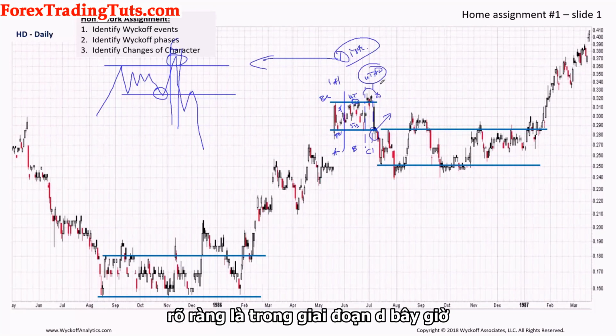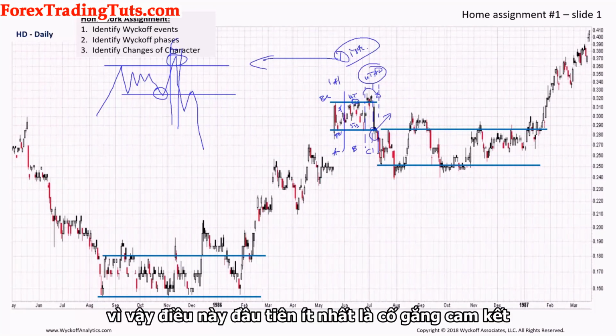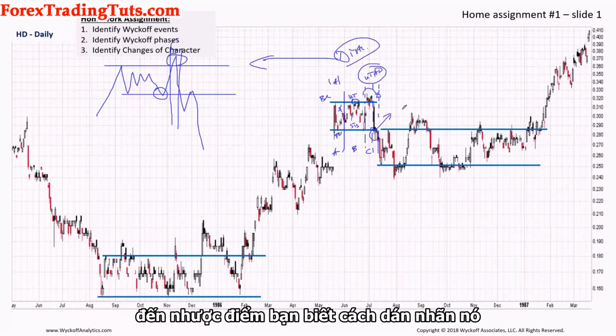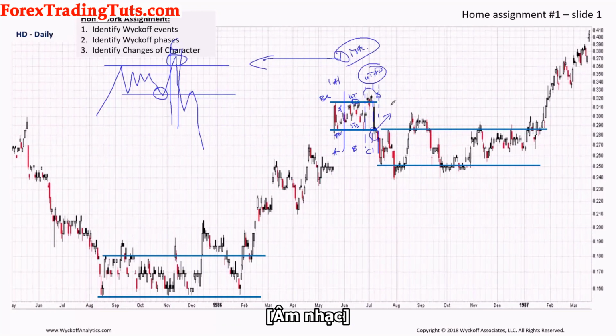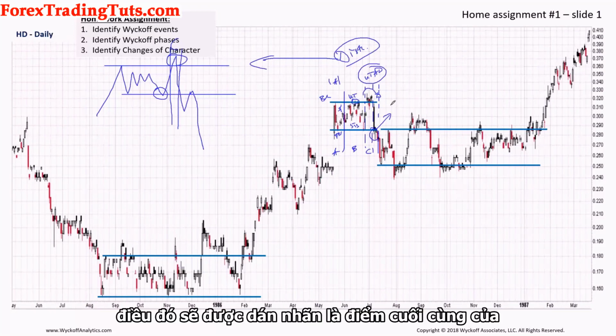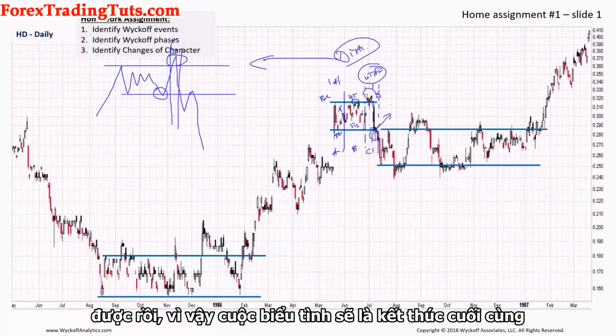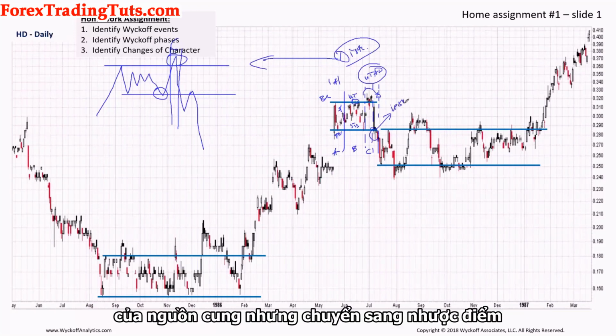Obviously in phase D now. So this first, at least attempt to commit to the downside, how would we label it? That would be labeled as a last point of supply.